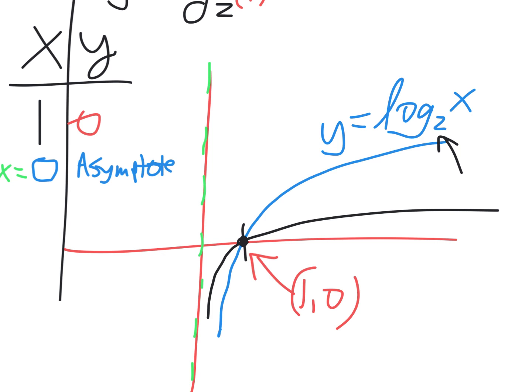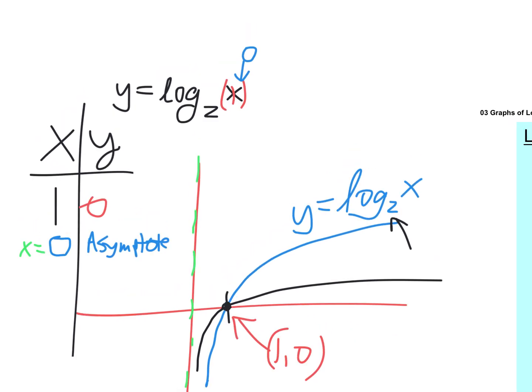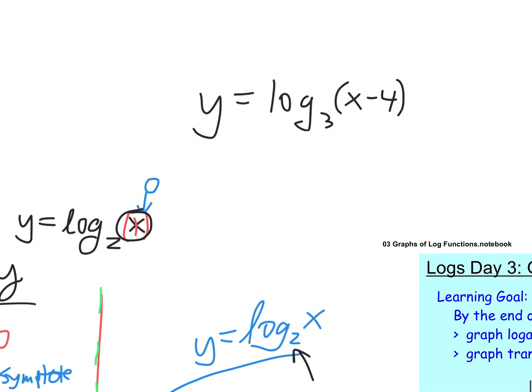Well, if you always put in 0 to x, will it always be the asymptote? Yes, as long as you heard what I said. What I said is if you can make the inside be 0. So for example, I'm changing the problem now. Log base 3 of x minus 4. When I stick 0 right here, does that give me the asymptote?